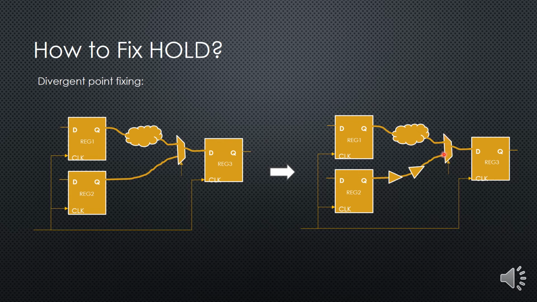If we look at the setup margin from reg 2 to reg 3 through the mux's second input pin, we will see more setup margin, and if we add hold buffers in this path, we can meet my hold violation. At the same time the setup will not be violated. This point, where we have more setup margin and hold is violated, is called the divergent point.